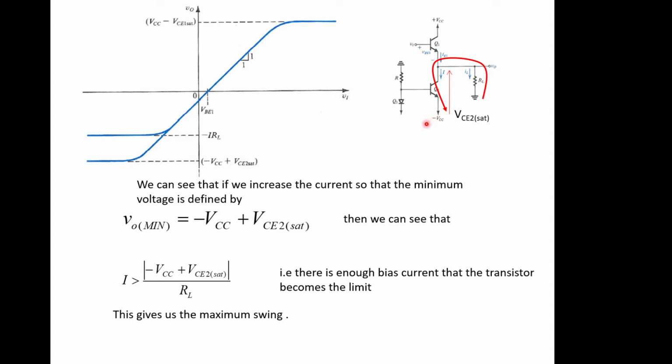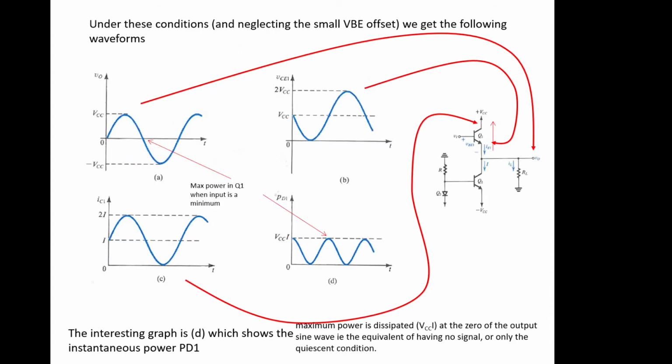That gives us enough bias current so that the transistor saturation voltage becomes the limit, and that gives us the maximum swing, because we then follow this transfer characteristic, which is as wide, or as high, as it can possibly be given the values of VCC and minus VCC in this system. So that gives us our maximum swing.